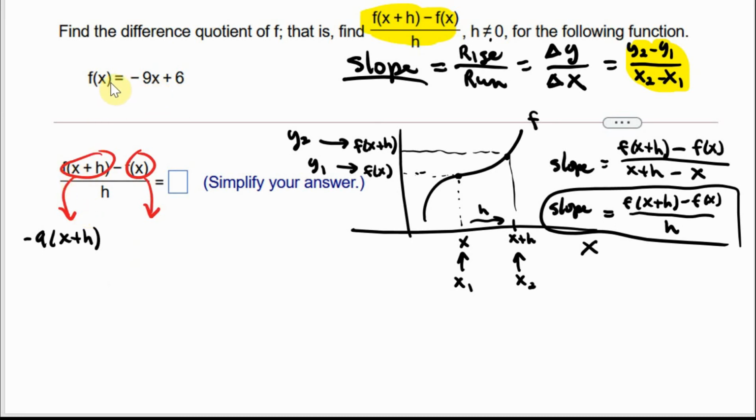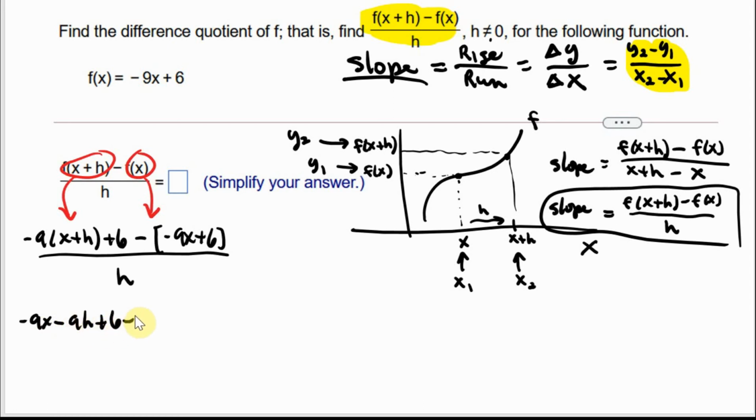So that's just the first part there. I replaced the x with x plus h, but that function is still carried over to that plus 6. Then this is minus f of x, negative 9x plus 6 all over h. Now we simplify. So this is negative 9x minus 9h plus 6 plus 9x minus 6 all over h.